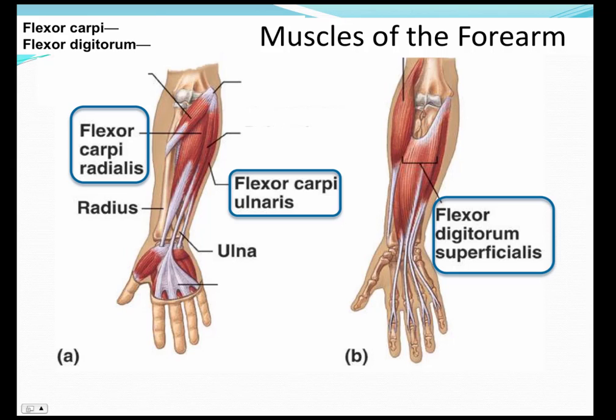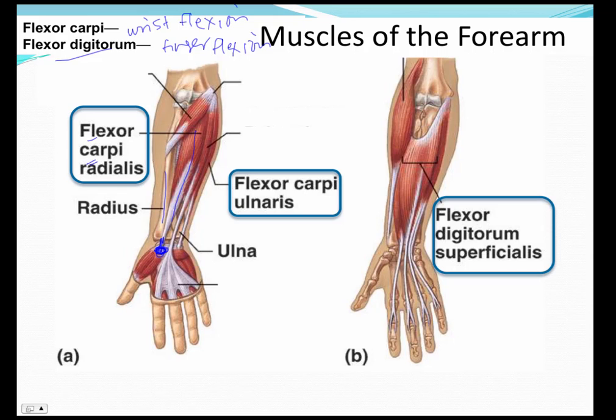Flexor carpi, which is for wrist flexion, and flexor digitorum, which is for finger flexion. Here we have the flexor carpi radialis, and so it's going to flex the wrist that's closer towards the radius. Here we have our radius in anatomical position. So it deals with this area right over here.